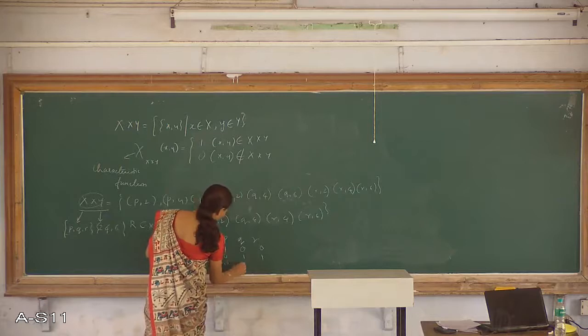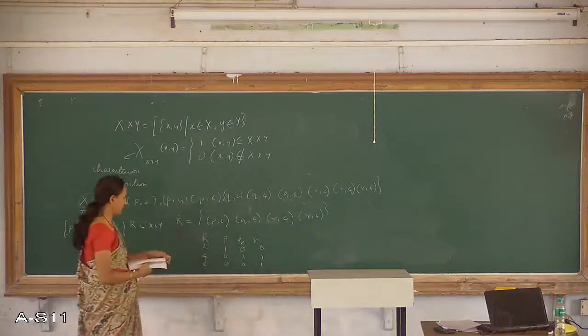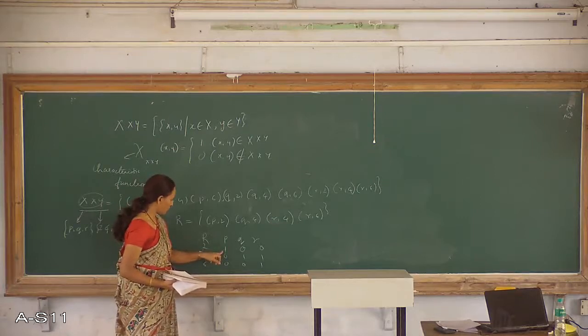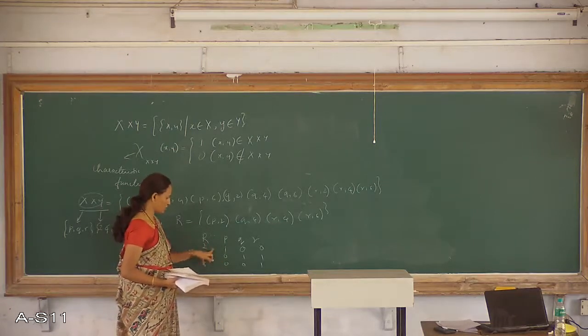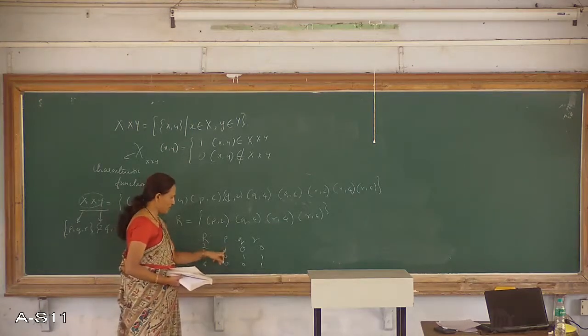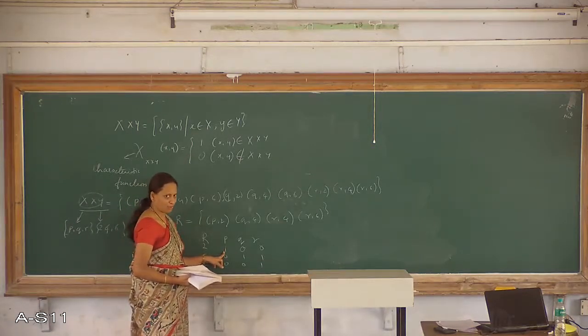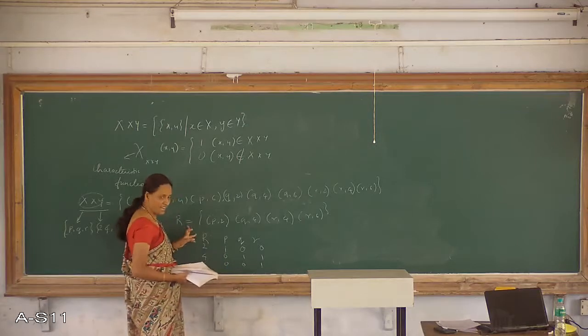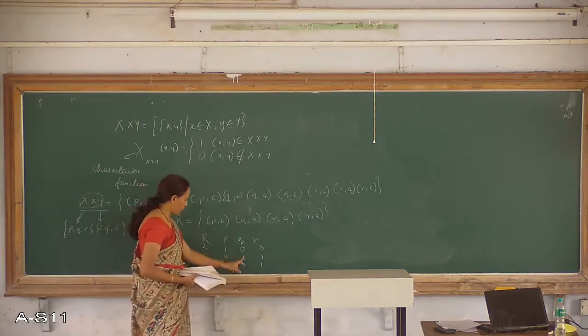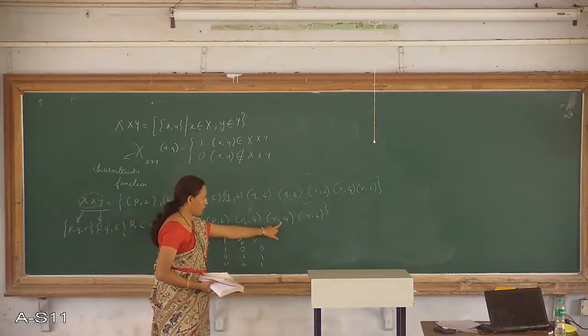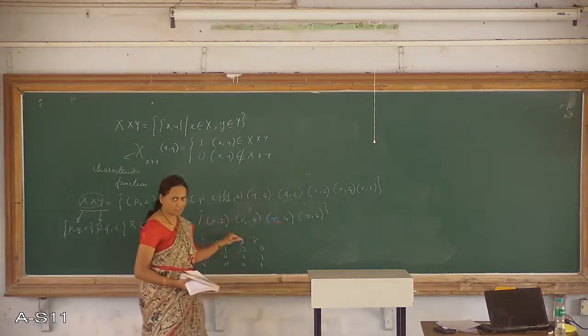What does this matrix indicate? For (p, 2), the value is 1 because it is contained in the Cartesian product x cross y and R is a subset of x cross y. Similarly (q, 4), (r, 4) and (r, 6) are in the subset.